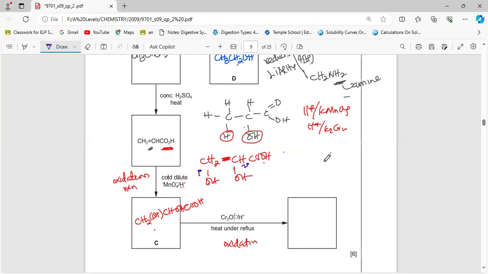So this first one will be giving us COOH. This second carbon will be giving us C=O, then we have COOH. So our final answer will be COOH, C=O, COOH. That's the answer to this question, so take note of that.